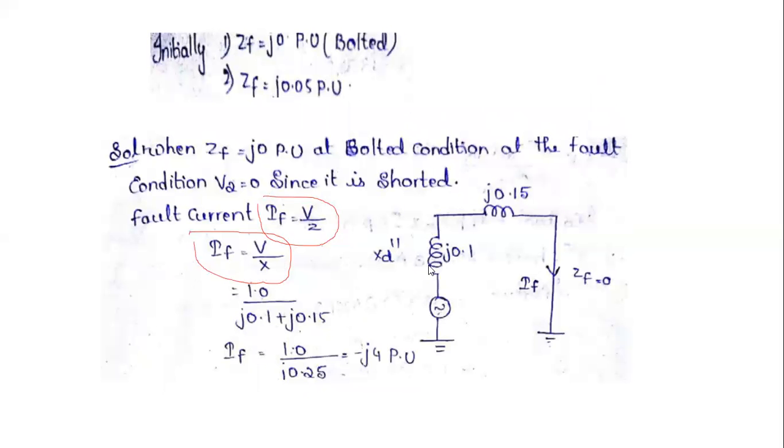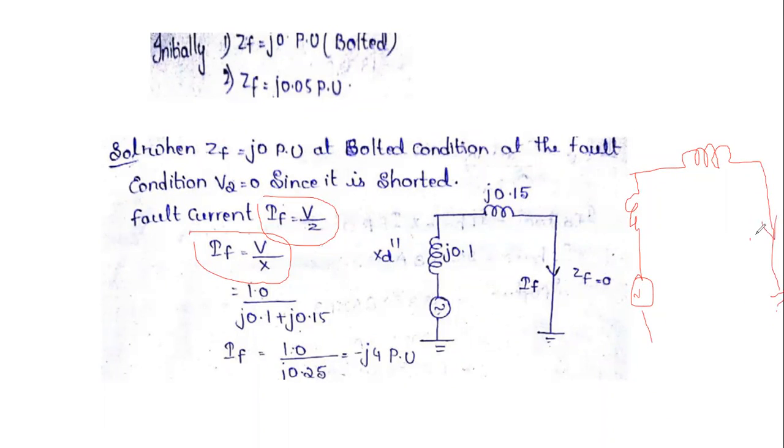The generator is replaced with a reactance in series with the voltage E. The transmission line is represented as only a reactance. This type of problem will be discussed in the first unit. And this is the fault earthing.